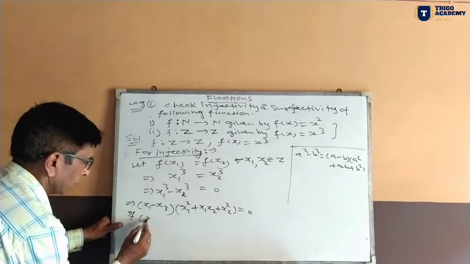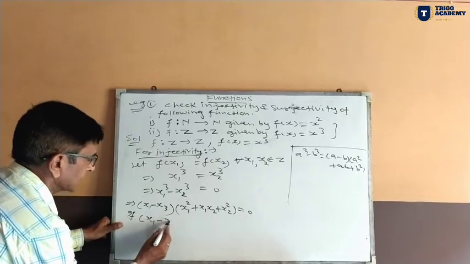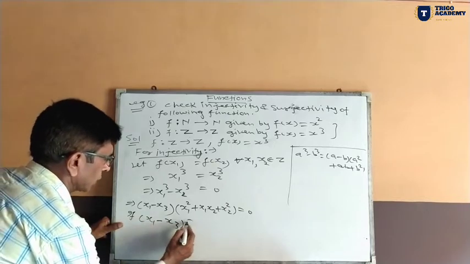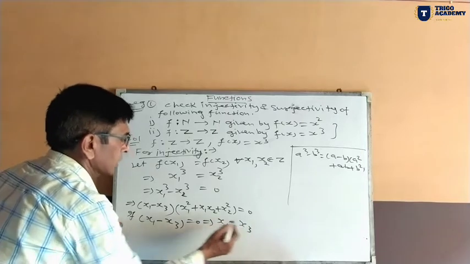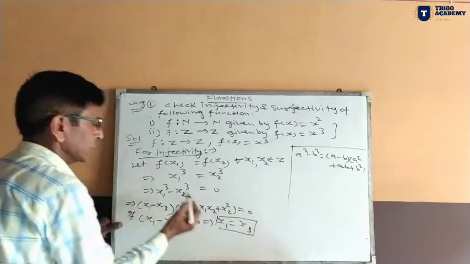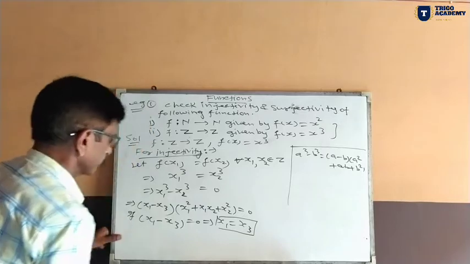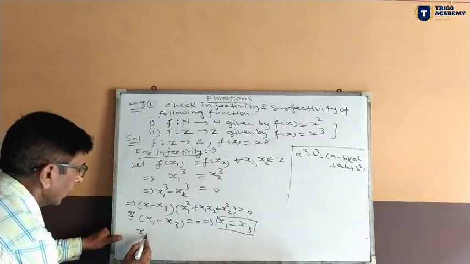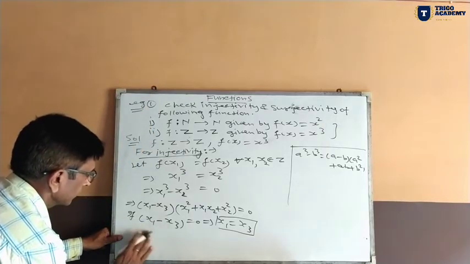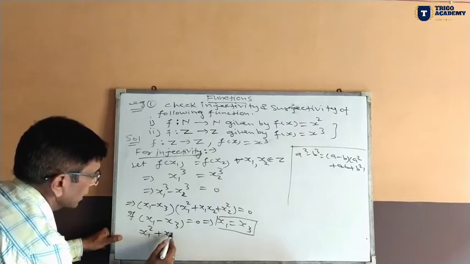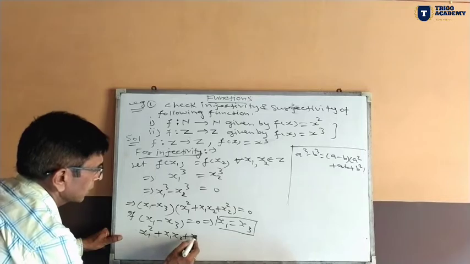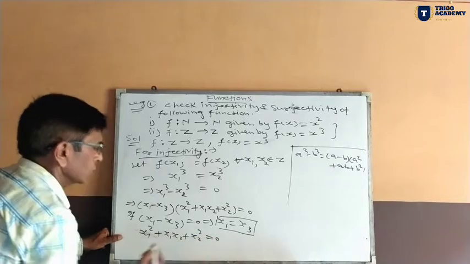So first we consider if x1 minus x2 equal to 0, then x1 equal to x2. The first condition is this, and the second, x1 square plus x1 x2 plus x2 square equal to 0.